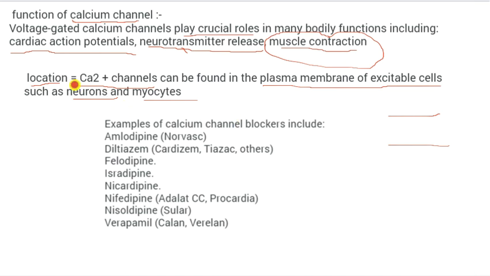Examples of calcium channel blockers are very important: amlodipine, nifedipine, verapamil. At least these you need to know by heart: amlodipine, nifedipine, verapamil, and diltiazem. Also, you need to remember.